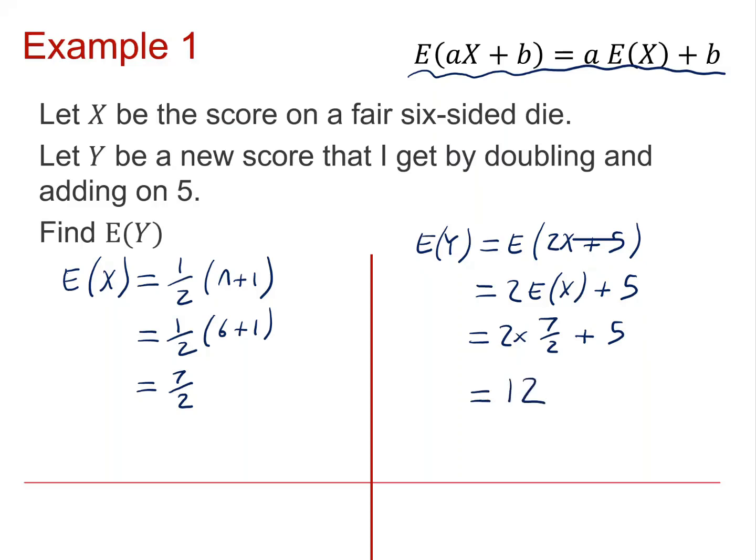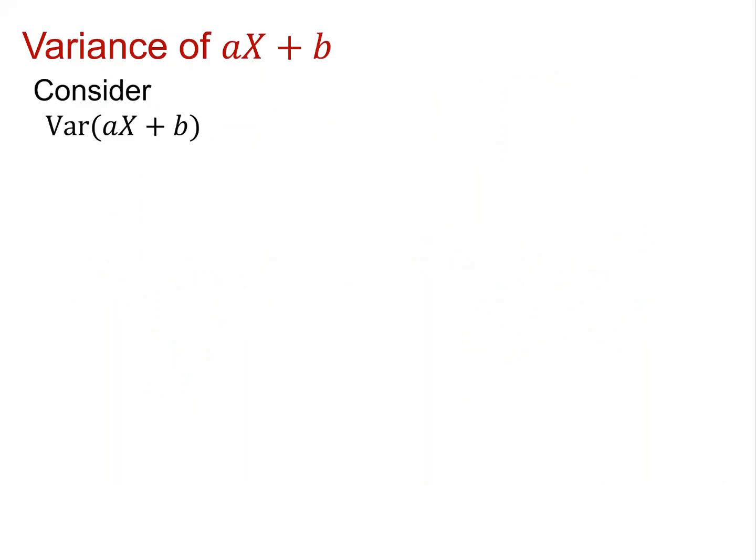So we can do exactly the same thing with the variance. It's just a little bit more complicated. So the variance of aX plus b is the expected value of aX plus b squared minus the expected value of aX plus b all squared.